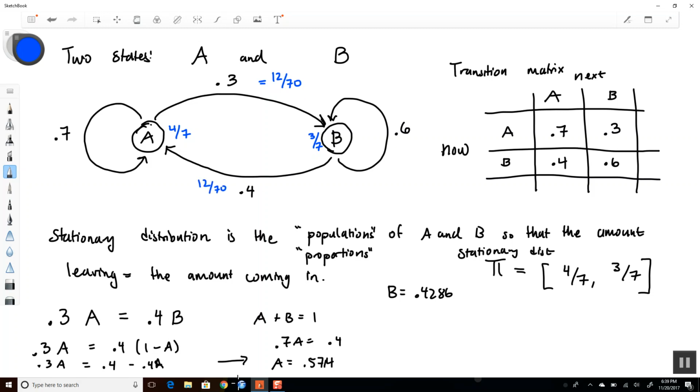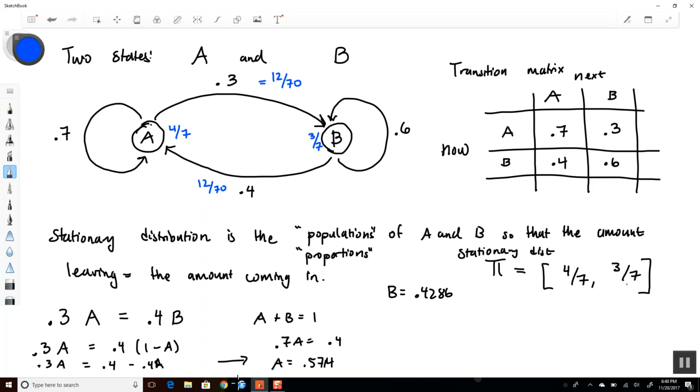So if you think of this as, if A has a population of 4 million and B has a population of 3 million, then at every step about 30% of 4 million, so 1.2 million, would go from A to B. And if B has a population of 3 million and 40% of that goes, then 1.2 million goes to A. So the amount going from A to B is equal to the amount going from B to A. And so here we have reached a point of equilibrium.